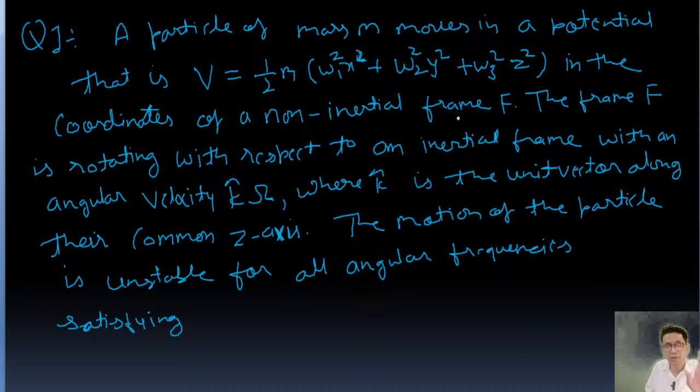So the non-inertial frame F is rotating with respect to an inertial frame with angular velocity k cap omega, where k cap is the unit vector along the common z axis of inertial frame and non-inertial frame.